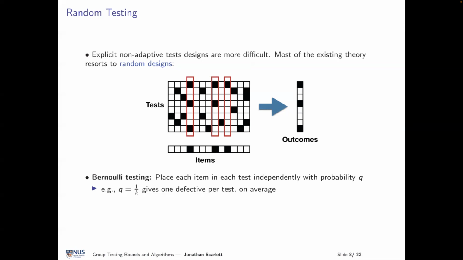You have to be careful with the probability: what's the probability I put someone in a given test? A reasonable probability is 1 over k. The reason being you want tests with roughly 1 defective in them, and that will be true on average with this choice. In some cases a better choice is a bit lower, like around 0.7 over k. But in terms of scaling, you want it to be roughly 1 over k.